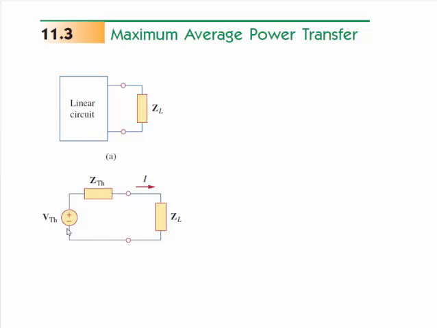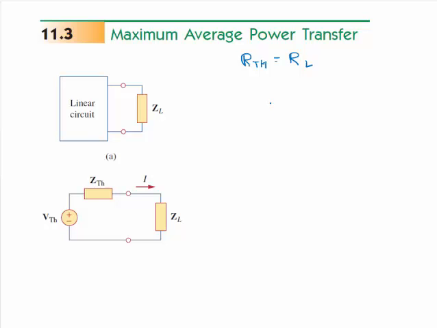So I have a V Thevenin and a Z Thevenin. And so if you recall from a resistor circuit, when we were doing purely resistor circuits, you had maximum power transfer when R Thevenin equals R load. And how we found that, I'm going to run through that again real quick.